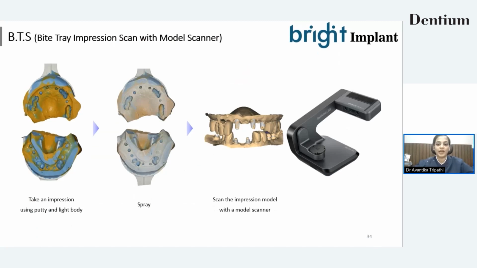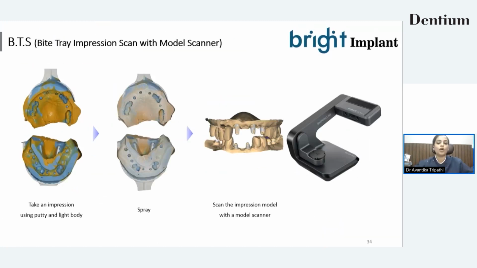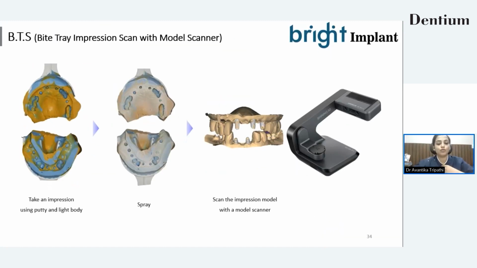Suppose I do not have a scanner and I wish to make an impression only, then also I can follow the digital process. It is not required that if I do not have a scanner, I cannot follow the digital process. I am going to make a putty impression and share it with the lab.